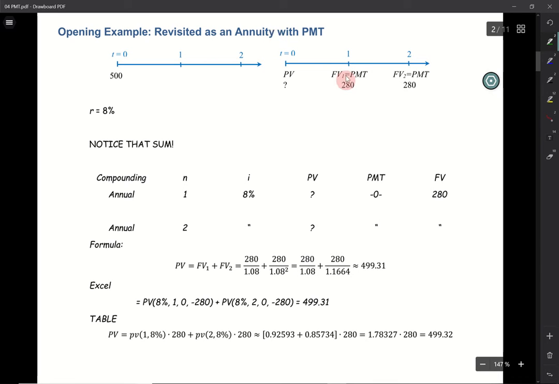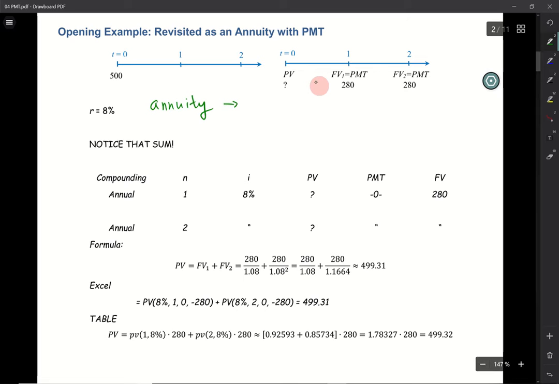Okay? So what is an annuity? Does anyone know what an annuity is? You've heard of the term before? Maybe some of you have heard of it. Do you know what it is?